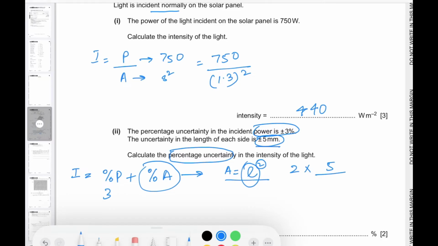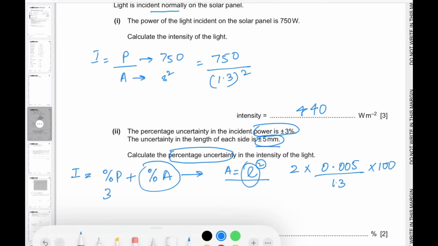the measured value. Okay, so this is 5 millimeter. Let's just convert that to meter. This will be 0.005, the uncertainty, divided by the measured value of length, which is 1.3 meter for the solar panel. So this will give you the uncertainty of area. To convert this into percentage uncertainty, you would just multiply that by 100.